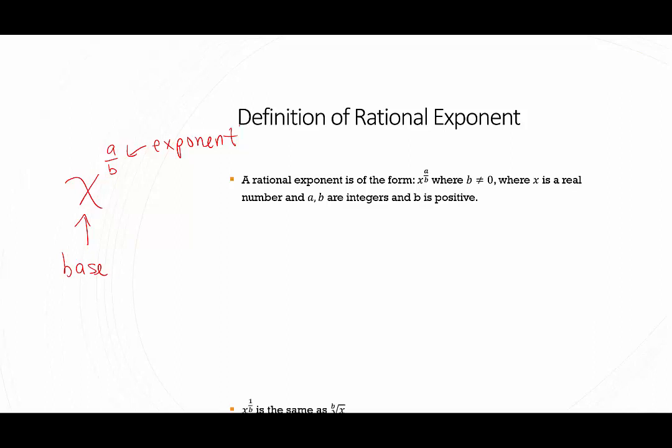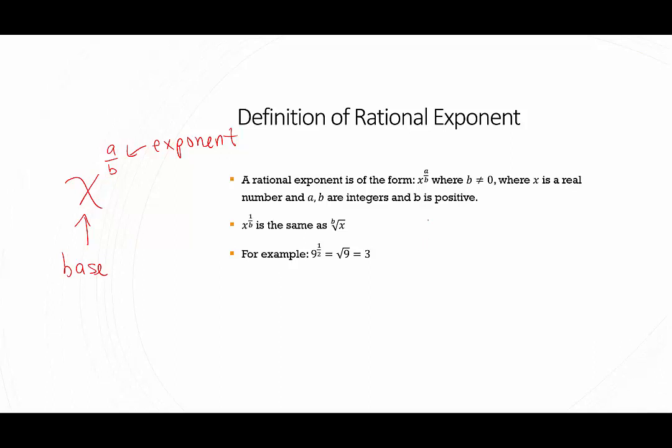So how do we deal with these things? Well, let's start with our unit fraction. So if the exponent is a unit fraction, meaning we have 1 over something, we can rewrite that as the b root of the base. So for example, if we have 9 to the 1/2, we could rewrite that as the square root of 9, which is equal to 3.